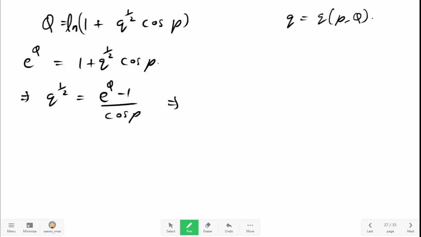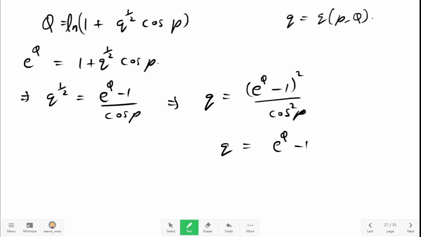This implies q is equal to e raised to Q minus 1 the whole square divided by cos square p, which is q is equal to e raised to Q minus 1 the whole square sec square p. So now we have written small q as a function of small p and capital Q.